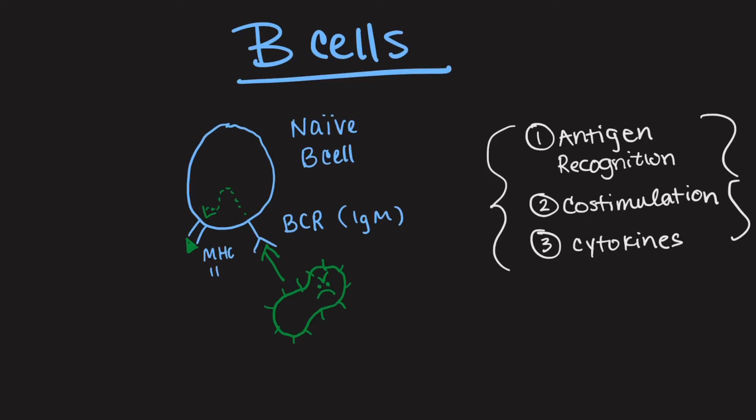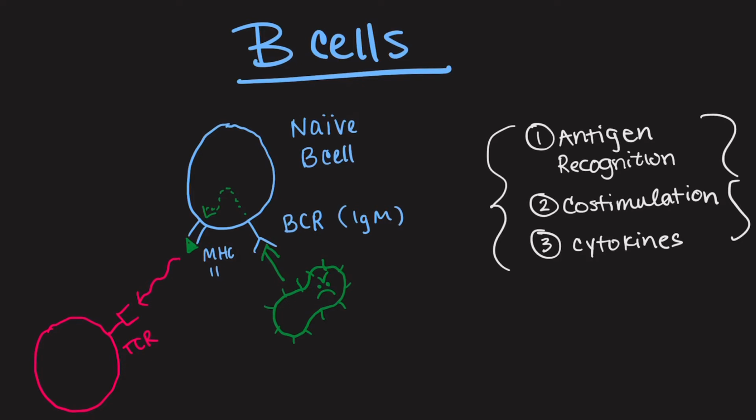So they need help from a T helper cell. So I'm going to go ahead and draw my T helper cell here. And then on the surface of the T helper cell, we have a TCR, which is a T cell receptor, just as the BCR is the B cell receptor. And that TCR is going to recognize that antigen on the surface of the B cell in the MHC class 2.